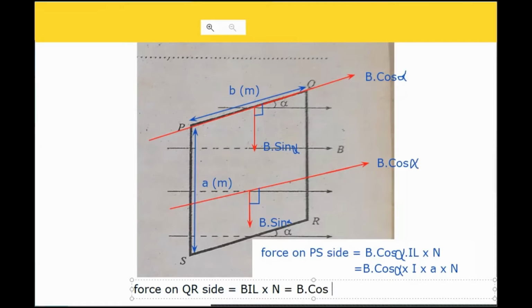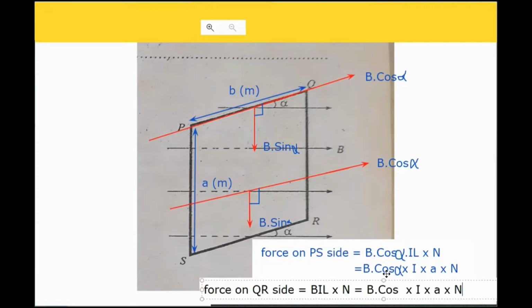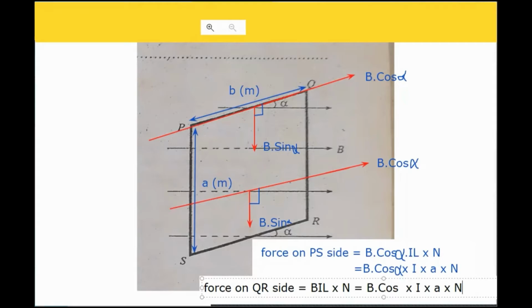B cos alpha into capital I into length simple A, number of turns capital N. Check whether you have written both answers. So it is very clear that the same force is acting on both sides, PS side and QR side. Please complete your answers.